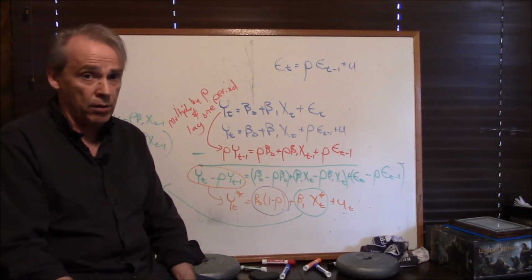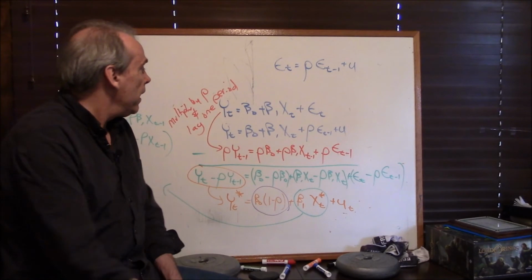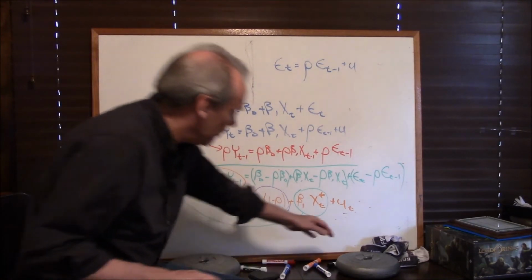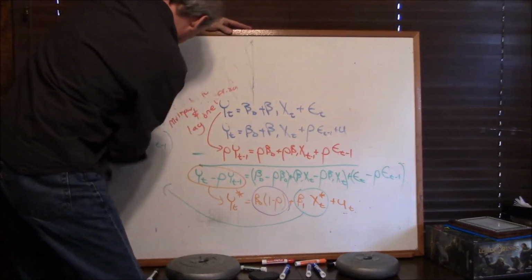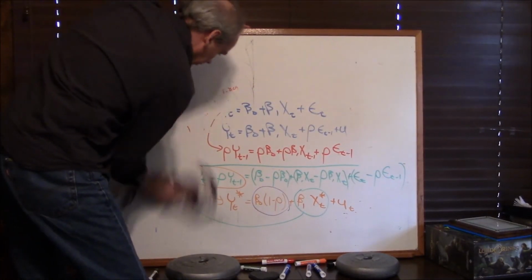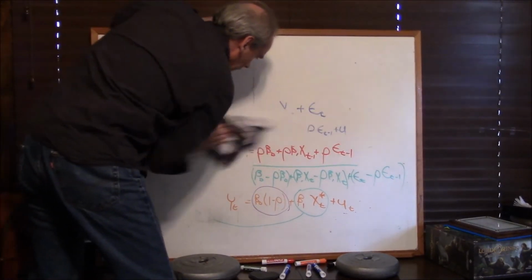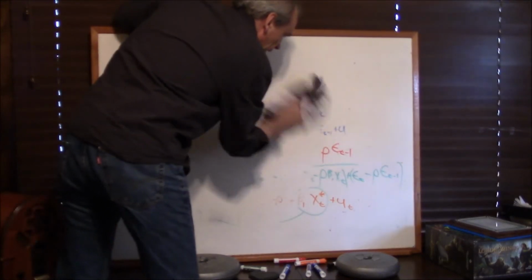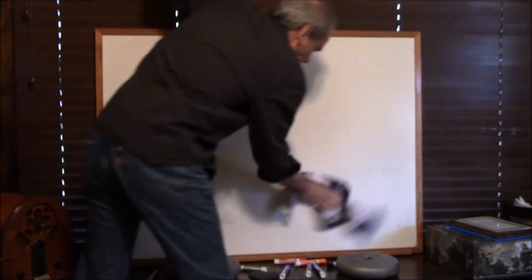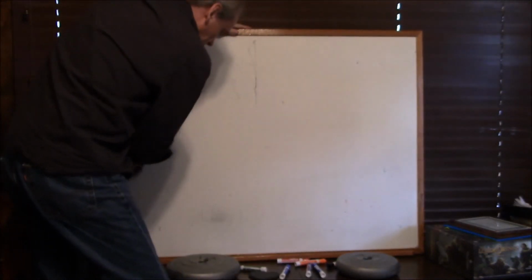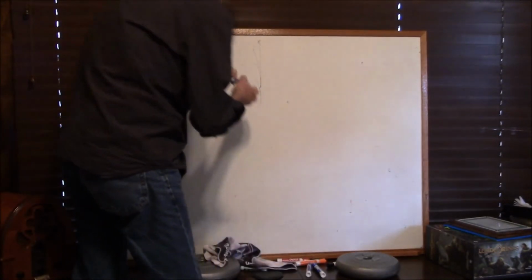There's something else you can do here too. It is very common to discover, let me erase all this, it is very common to discover that, okay, let me use the regression I've been telling you about.